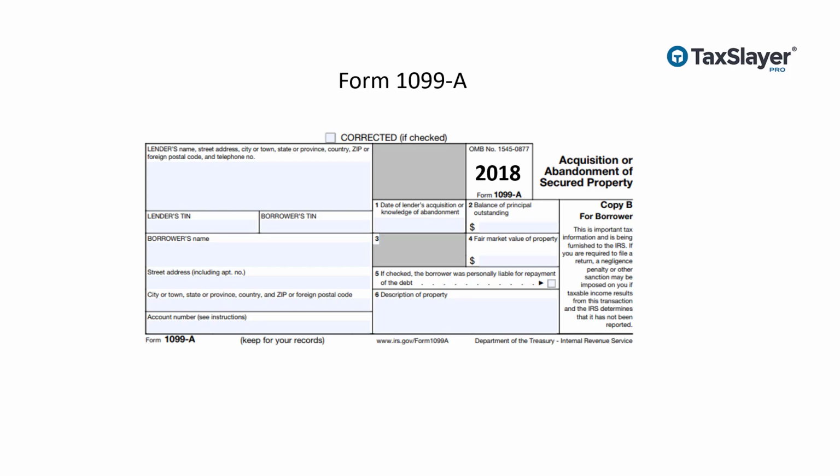Form 1099-A. Box 1 indicates the date of sale. In other words, the date of the lender's acquisition or the knowledge of abandonment. That's why we have sale in quotations. Box 2 indicates the amount owed or the balance of principal outstanding.